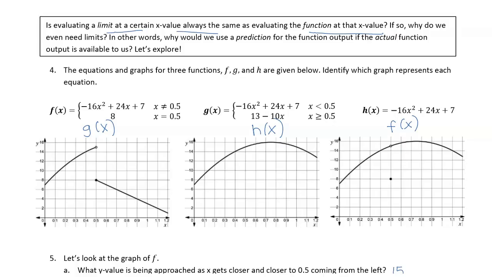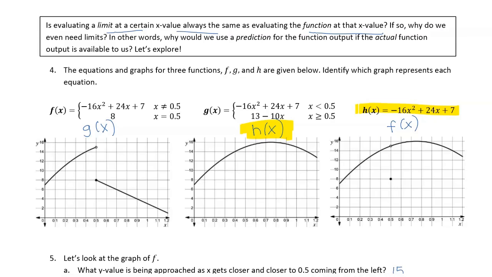The first question says to match the function to its graph, and you'll see that probably the easiest one to identify is this first one, h of x, because it'll be this middle graph. It's just a nice smooth curve with no piecewise or any other functions with it.